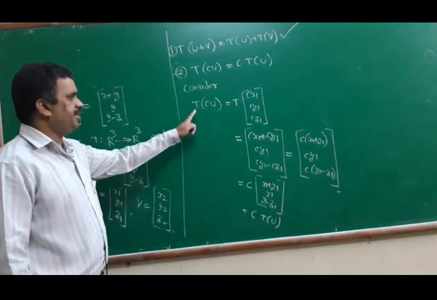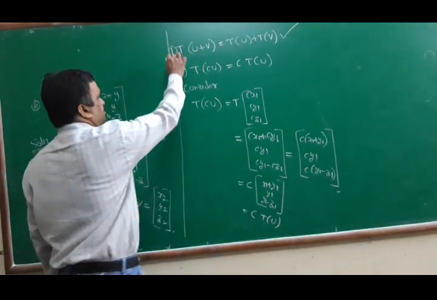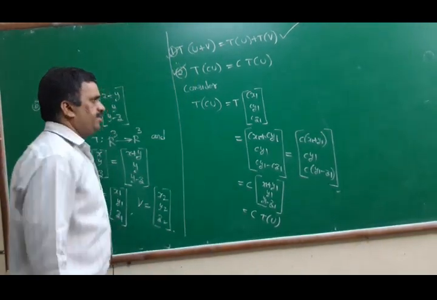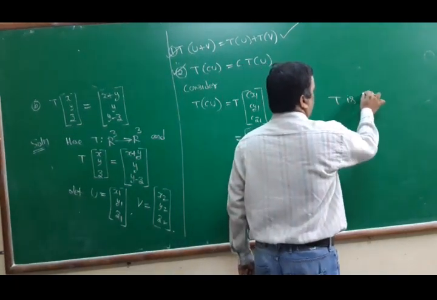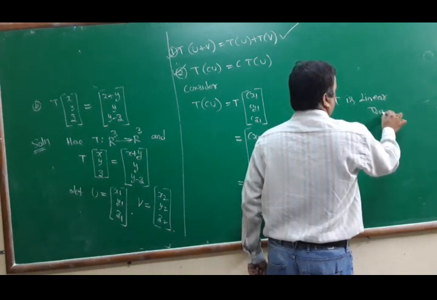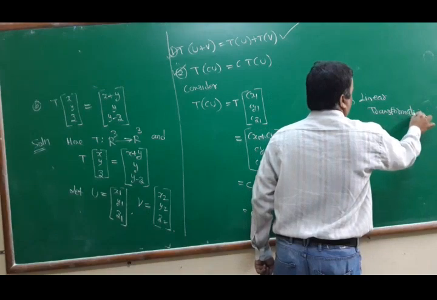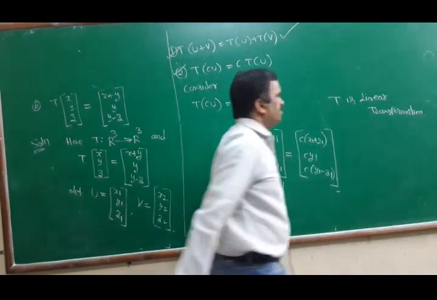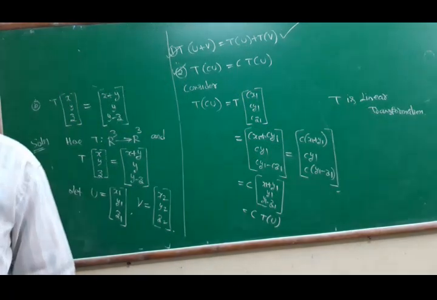Therefore, T of Cu equal to C times T of u. Two conditions are satisfied. Therefore, I can say T is a linear transformation.